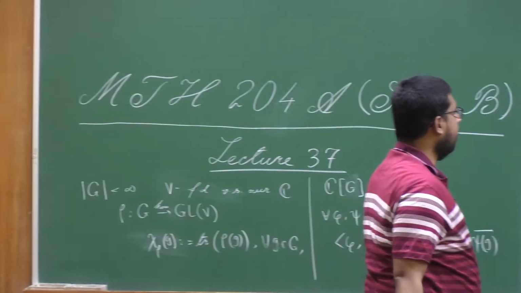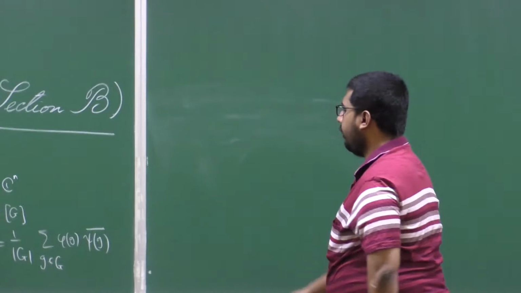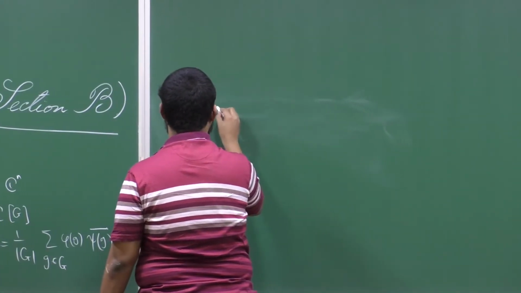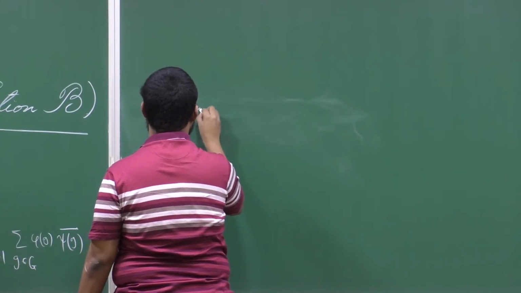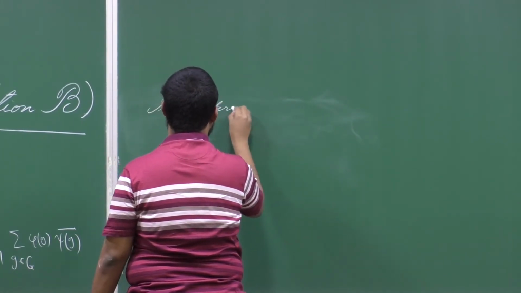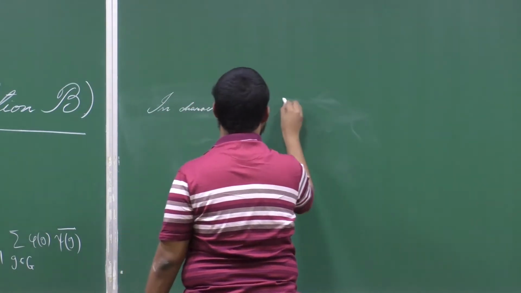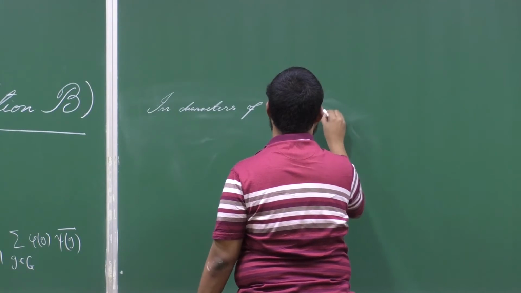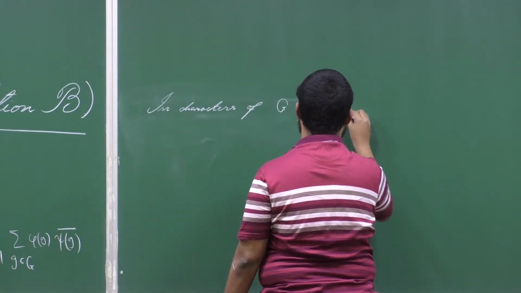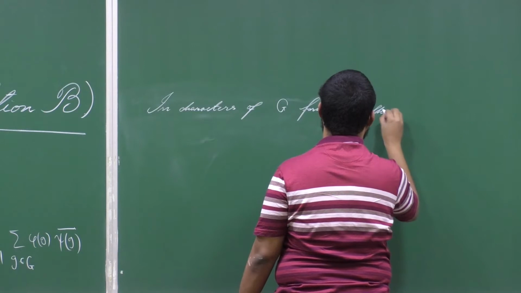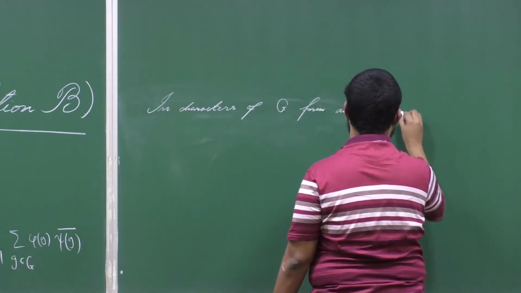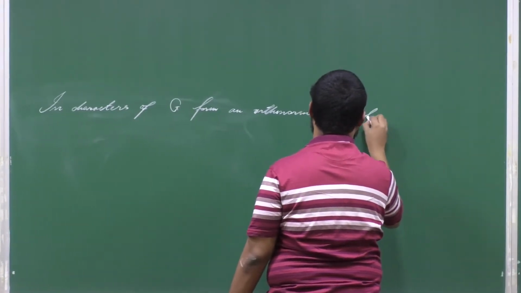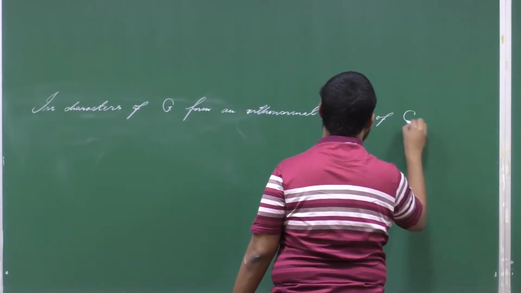And with respect to that inner product, earlier we proved that the irreducible characters of G form an orthonormal system, an orthonormal subset of CG.